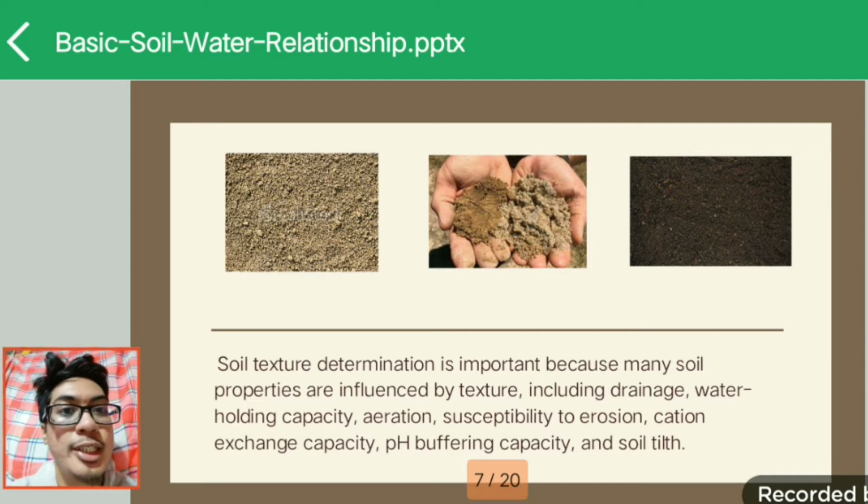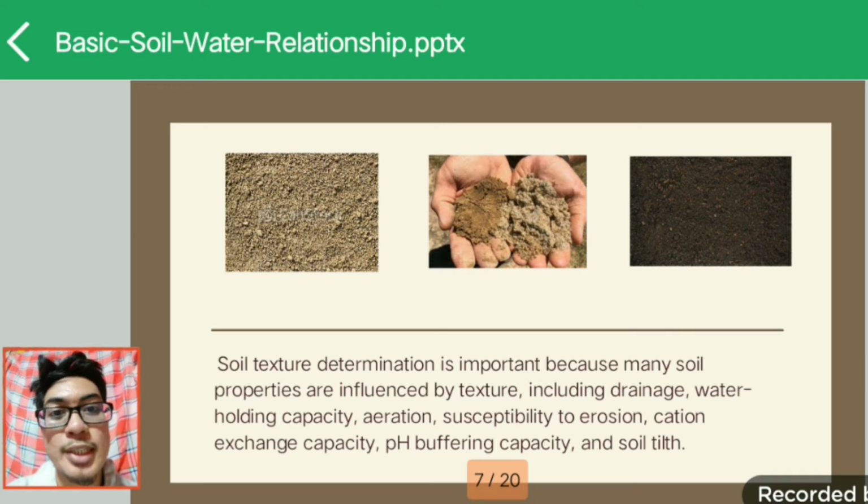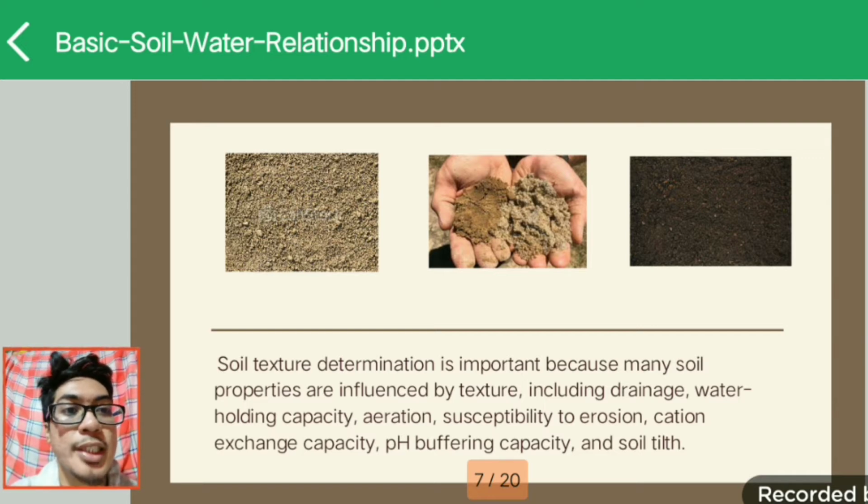Also water holding capacity, aeration, and susceptibility to erosion. For that type of soil, is it easily washed away, or does it erode easily? Also cation exchange capacity, pH buffering capacity, and soil tilth.